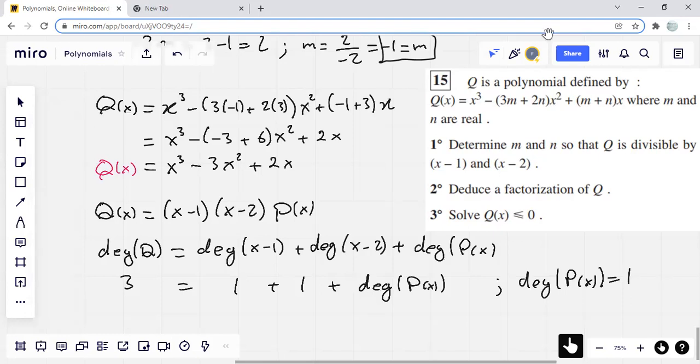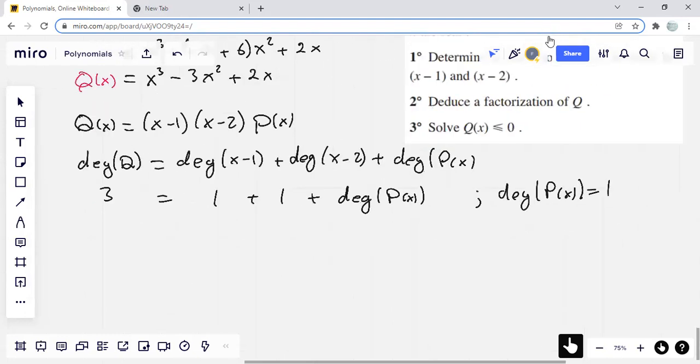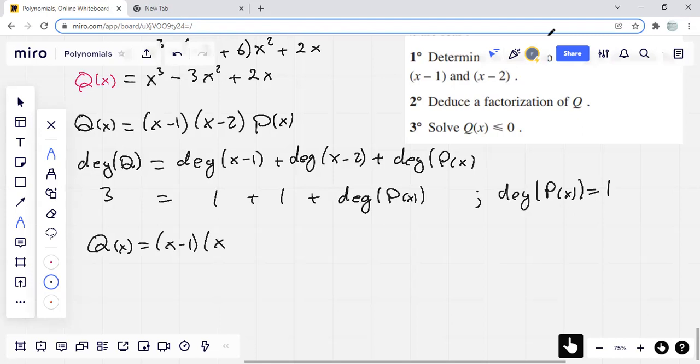Okay, so now what can we write? If we want to solve it normally, we will write q of x is equal to x minus 1 into x minus 2 into, what's the general form of a polynomial of degree 1? Because it only has x as the highest power, x to the power 1 as the leading term, so it is ax plus b.